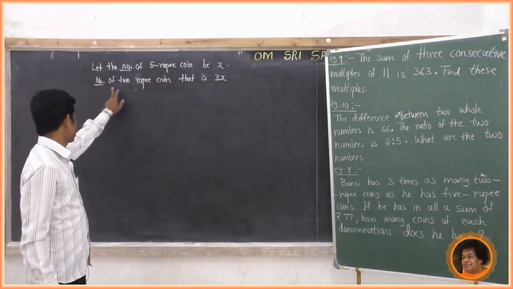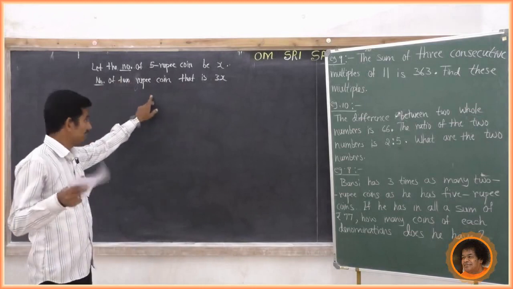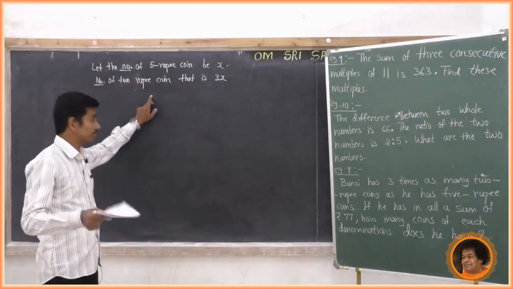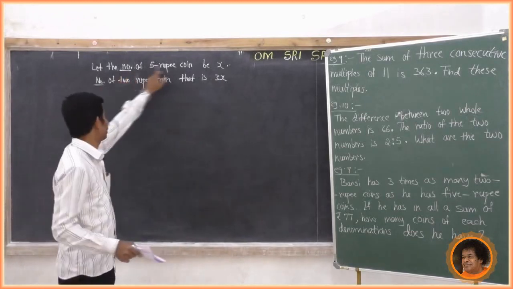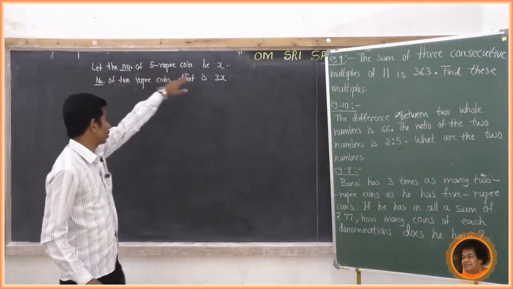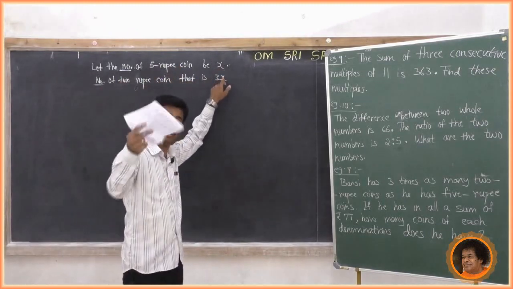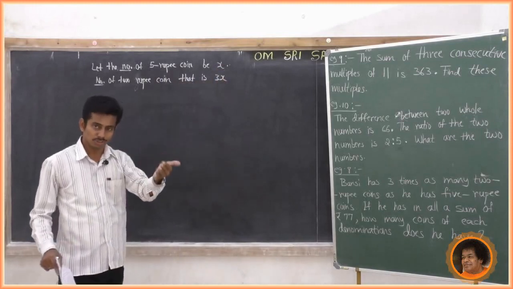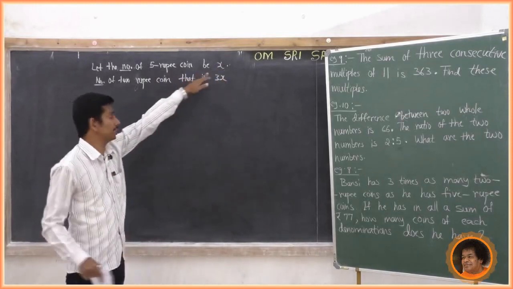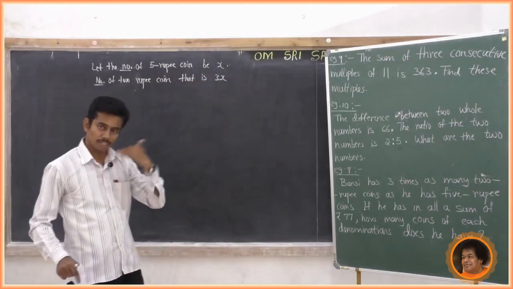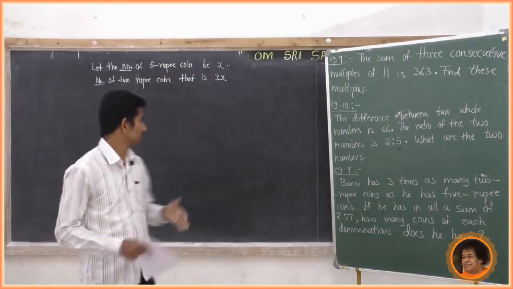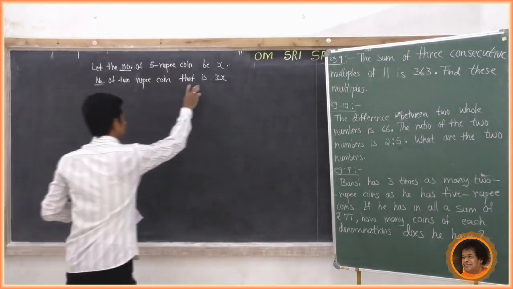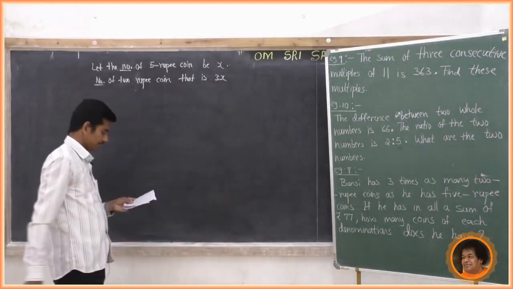Because the number of 2 rupee coins he has is 3 times the 5 rupee coins. 5 rupee coins is x. 3 times the 5 rupee coins becomes 3 into the 5 rupee coins, with 5 rupee coins being x. So it is 3x. 4 times means 4 into x. So the number of 2 rupee coins is 3x.